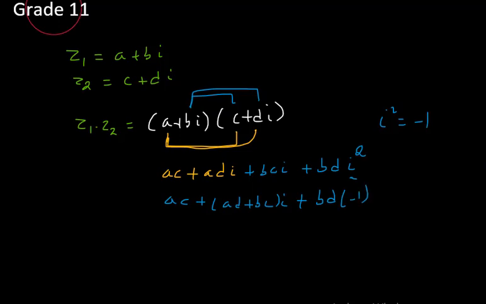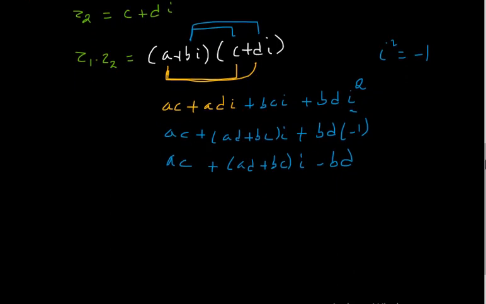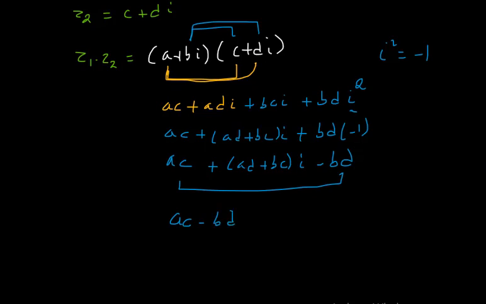So this negative changes the sign, and it goes to ac plus, in the bracket, ad plus bc, times i, minus bd. So combine like terms, which means combine these two: ac minus bd, which is of course the real part, and the imaginary part becomes ad plus bc times i.